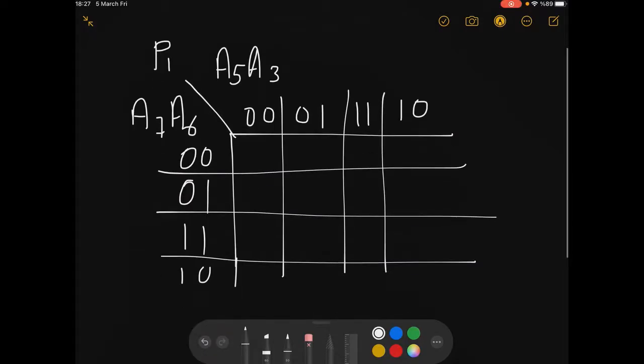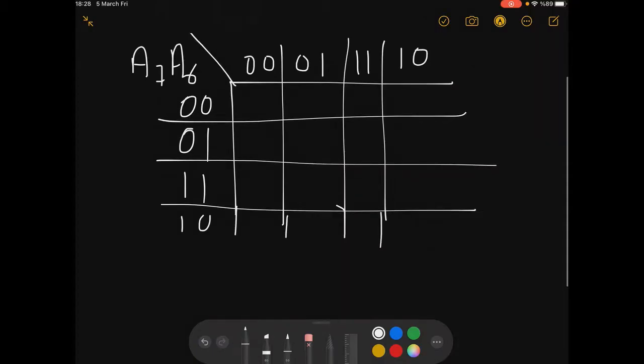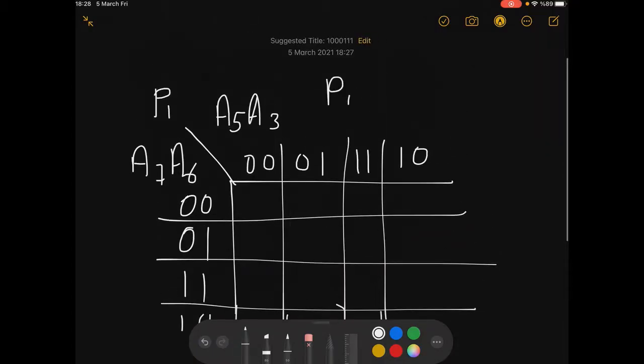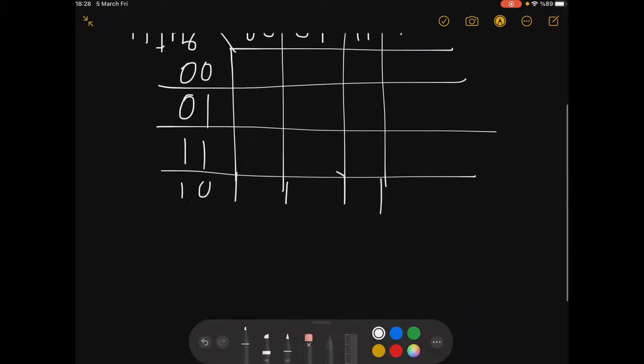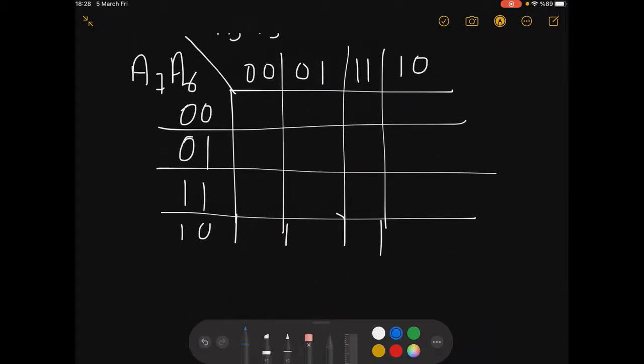And this function, namely your P1 function, which was A7 or A5 or A3, this odd function, would look like this when you place them in their corresponding locations, and the remaining ones will be 0.